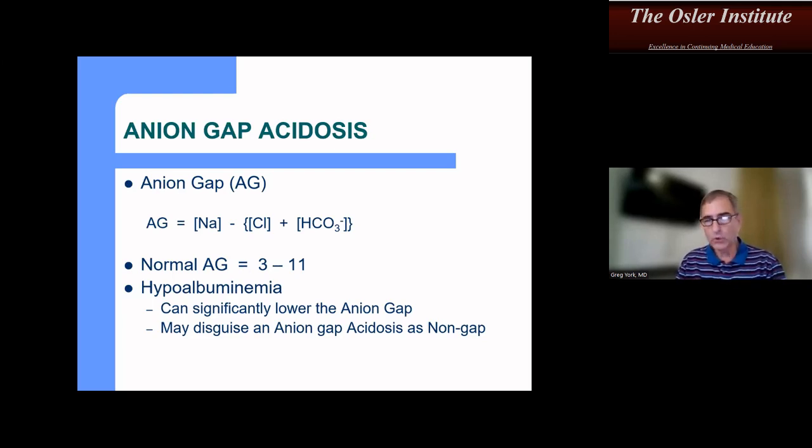So in the world of metabolic acidosis, the first thing that we calculate is the anion gap. And the anion gap is defined as positive anions minus the negative anions.